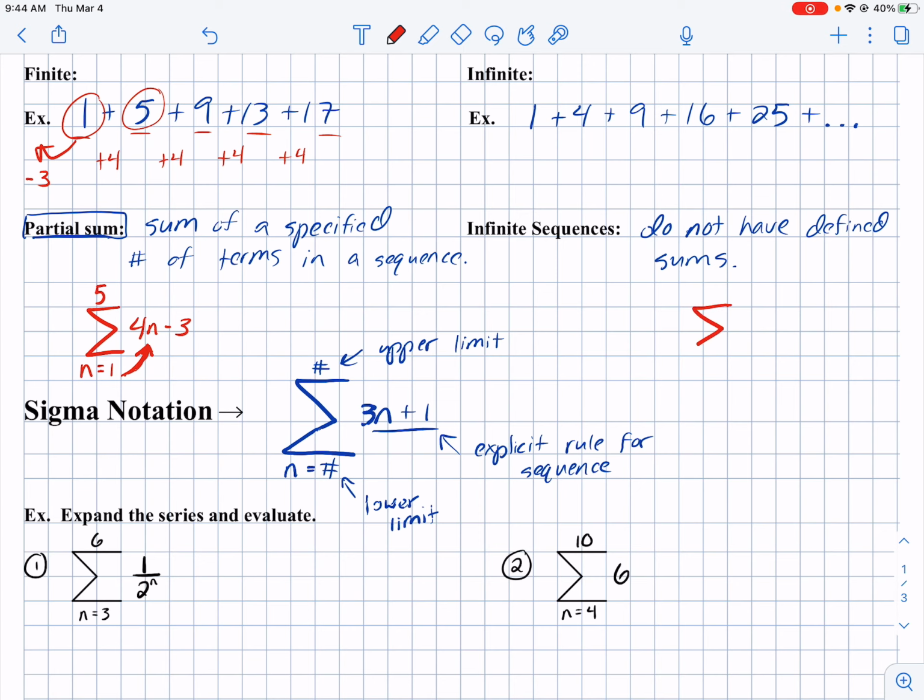Let's do our sigma notation over here. This one goes on forever, so we're not going to have an upper limit. So we'll have our infinity sign up above and then a lower limit of 1. And hopefully you notice for your rule, this is just 1 squared, 2 squared, 3 squared, 4 squared, and so forth. So this would just be n squared, a quadratic rule.